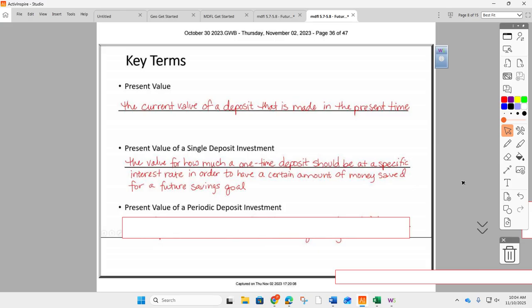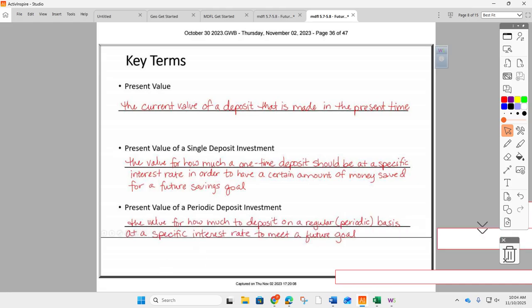This is exactly the same thing, really, but it's going to be multiple deposits, or you could think of them as payments. There really are deposits, though, because you're not buying anything, right? So the value for how much you deposit on a regular periodic basis at a specific interest rate to meet a future goal.